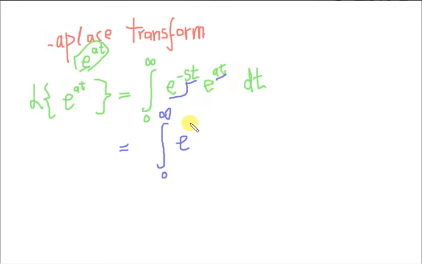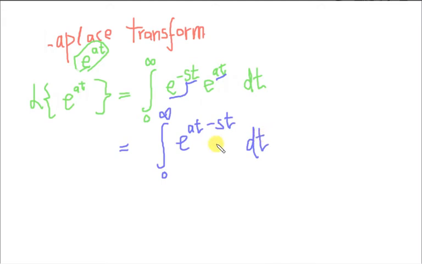So these two exponents will add together, so it will become e power at minus st dt.